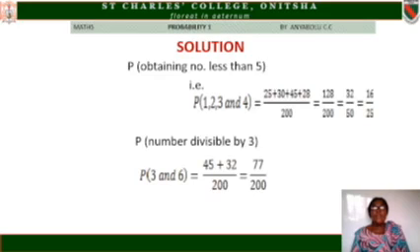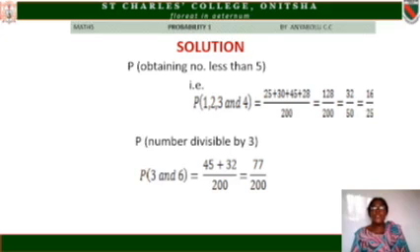Solution. Probability of obtaining a number less than 5 means getting 1 to 4. So 1 appears 25 times, 2, 30 times, 3, 45, 4, 28. Adding them all over 200 gives 128 over 200, simplified to 16 over 25.